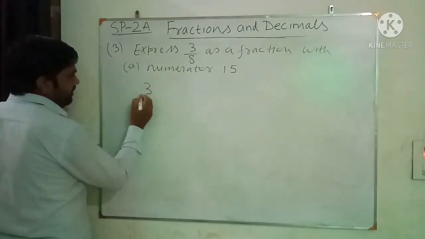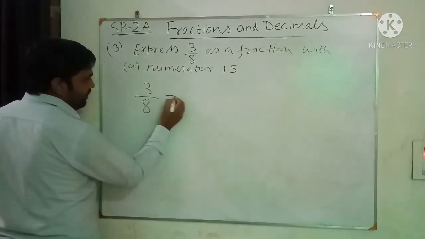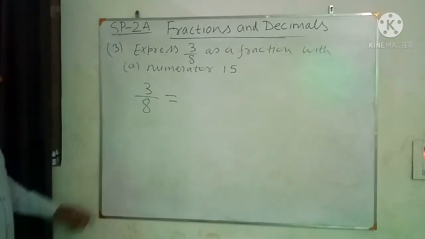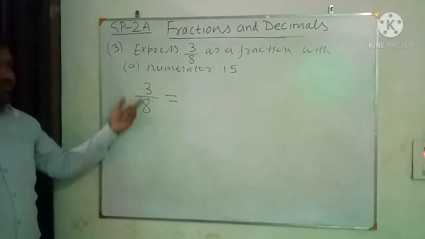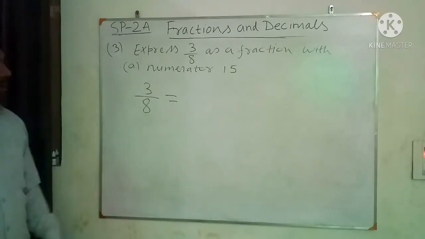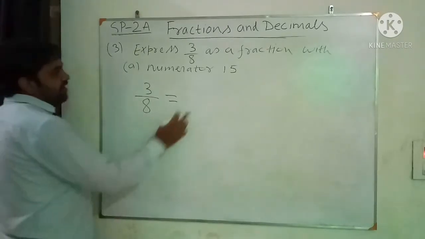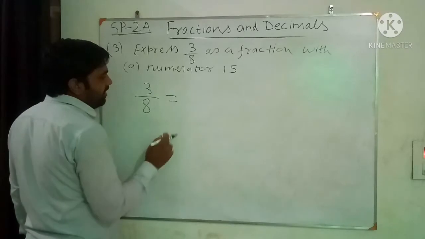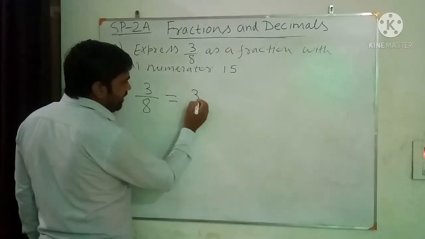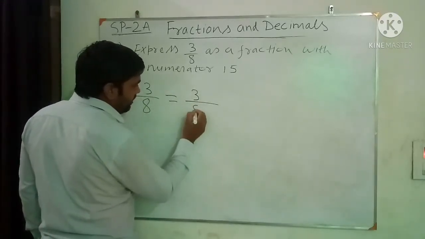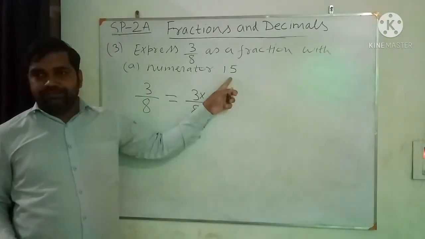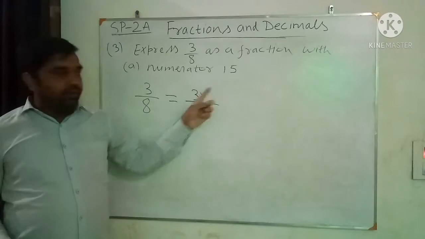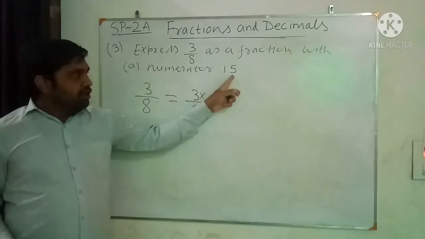So what do we do? Write 3 by 8 equals to, we have to find the equivalent fraction. The equivalent fractions are the multiple of the given fraction or submultiple. So here the numerator is more than the given numerator, so it is the multiple. So what do you multiply in the numerator 3 to get the numerator 15?